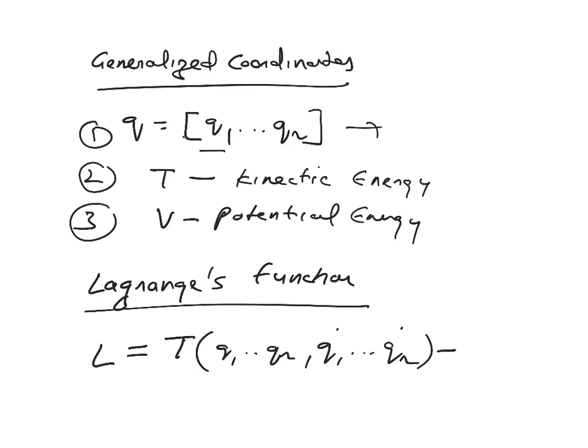So don't get confused, T is a function of Q and Q dots, right? And the potential energy is a function of these, okay? So L is basically the difference of kinetic energy and potential energy.